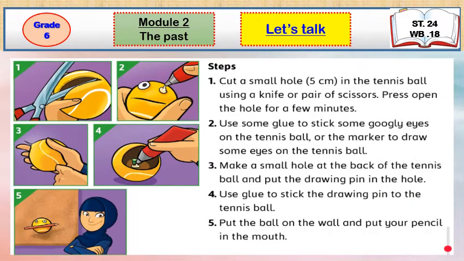These are the steps and the pictures. We need to write these steps in order and use adverbs of sequence: first, second, next, after that, then, and finally. Can you do it?